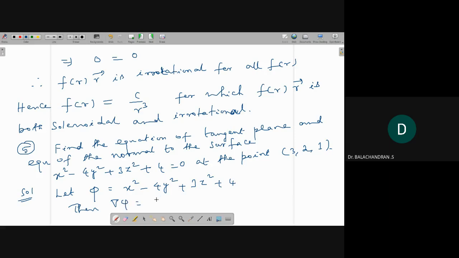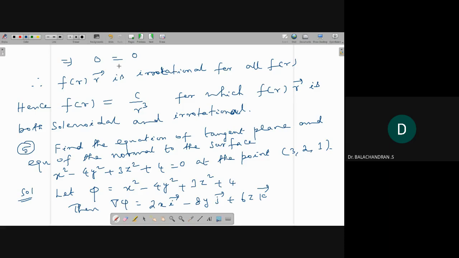Del phi is i vector into dou by dou x plus j vector into dou by dou y plus k vector into dou by dou z. So if you differentiate, you'll get 2x into i vector minus 8 into y into j plus 6 into z into k vector. This is our del phi.